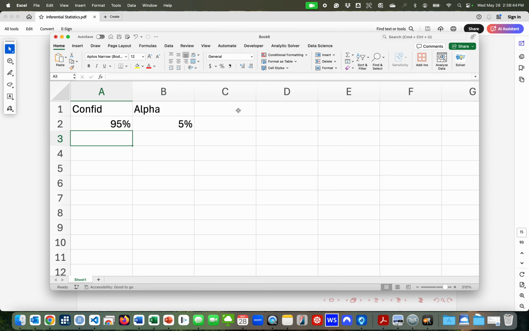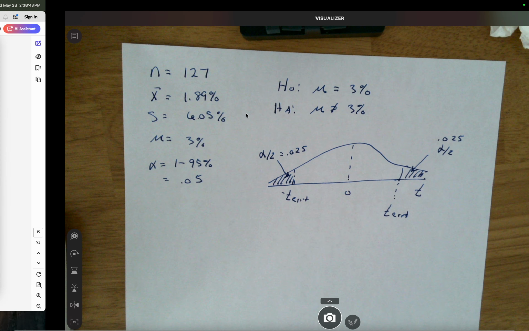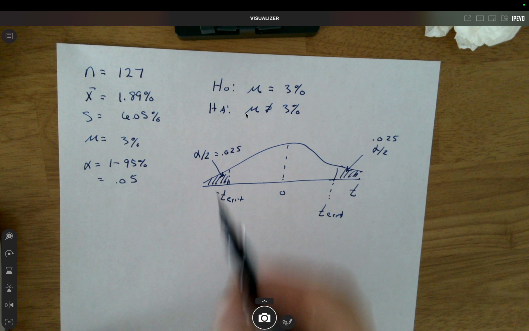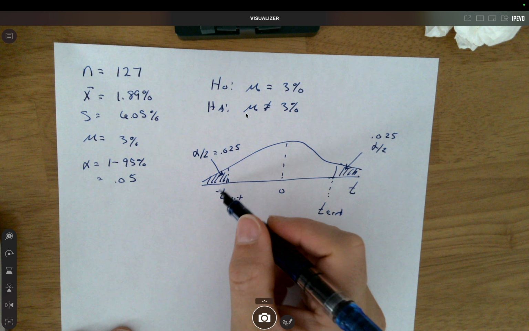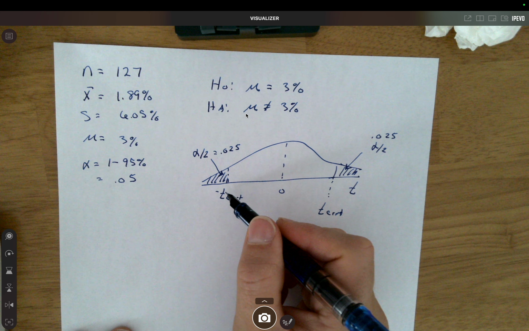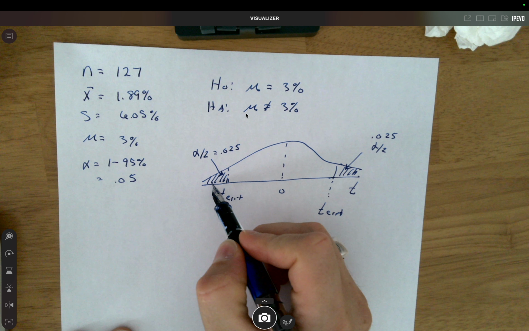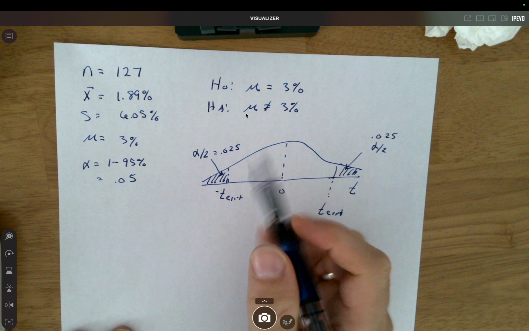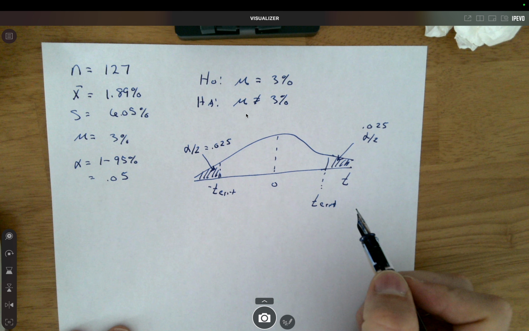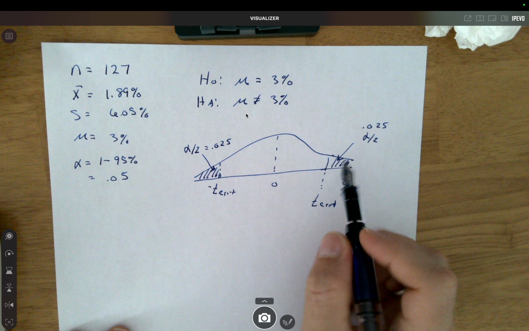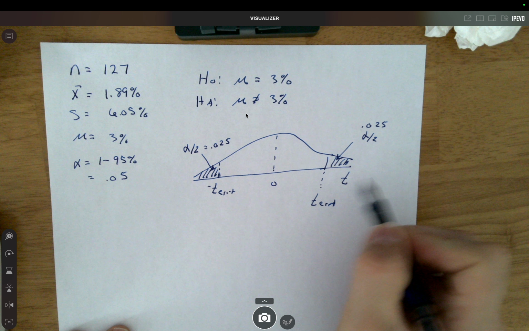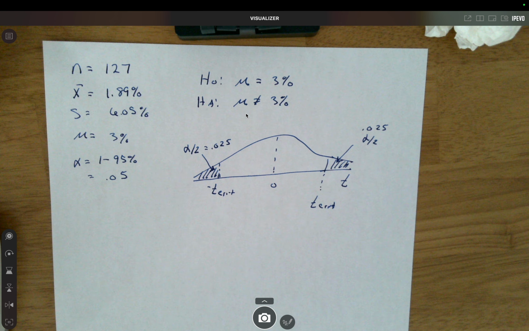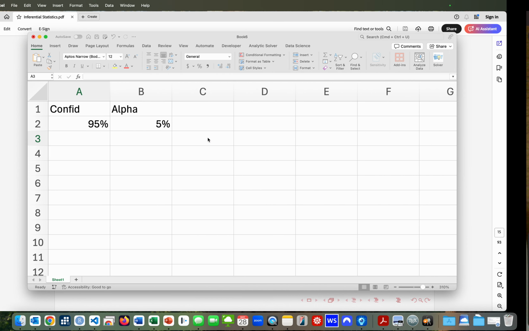To find the critical value, I need to find the t-value such that the area to the left of that is 0.025, or the area to the right of the positive value of t is 0.025. Since this is a two-tailed test, there is a faster way to do this.